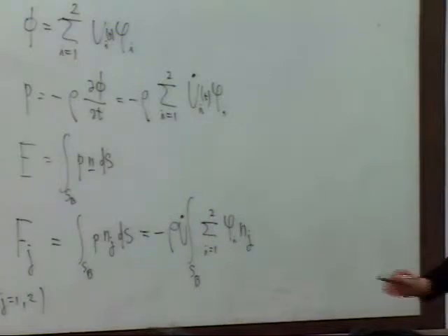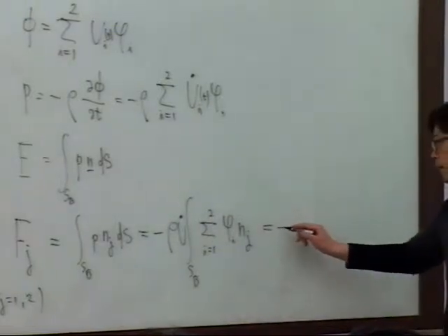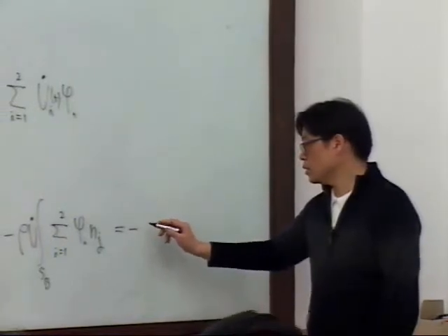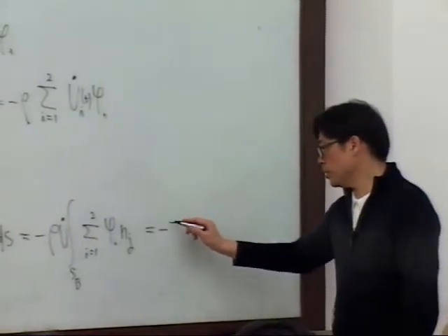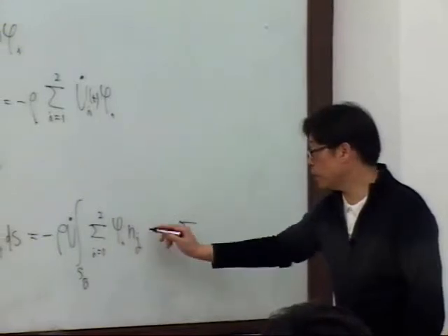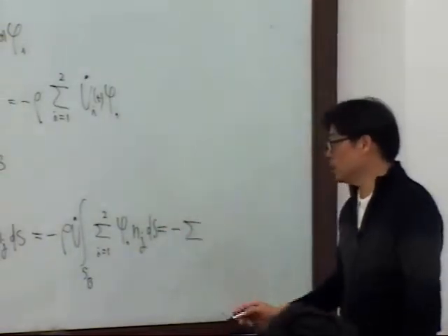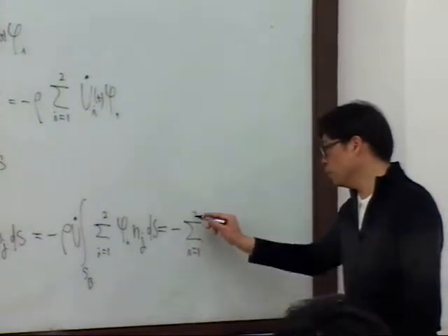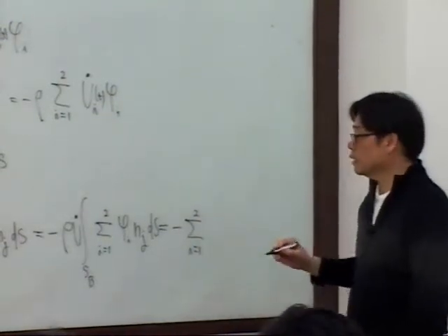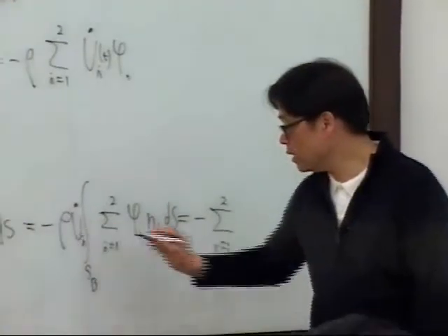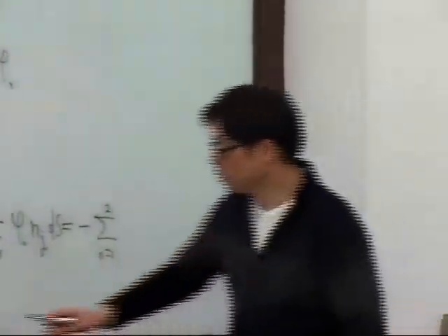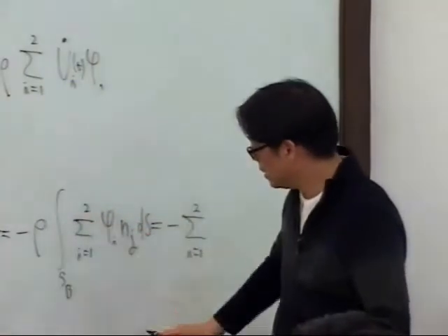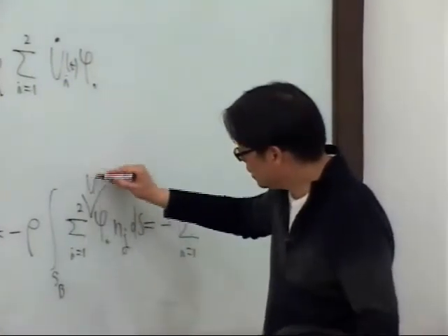Okay, and then I have minus the summation. Let me pull out the summation. I forgot ds here. I pull out the summation here, i equal to 1 to 2. I forgot i here again. Sorry. Since I have i, I cannot pull that out yet. So I have to put it here.